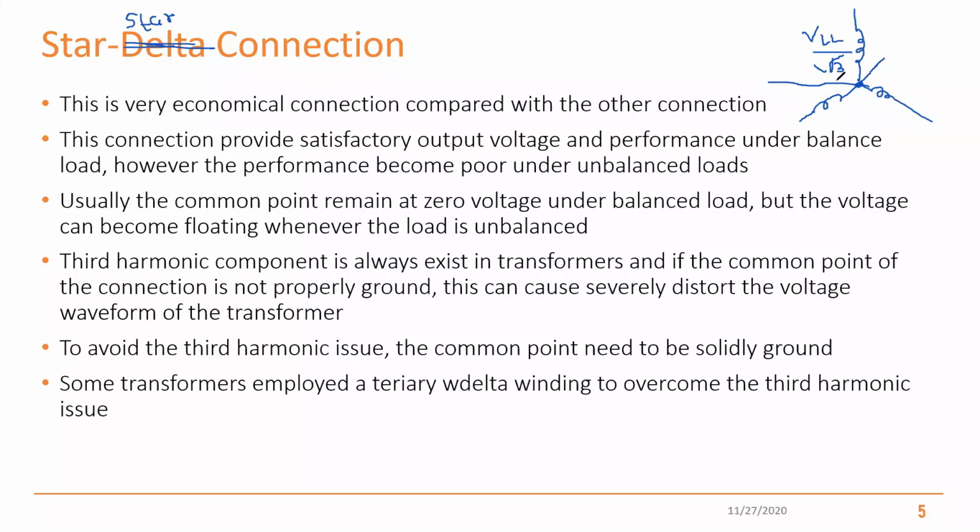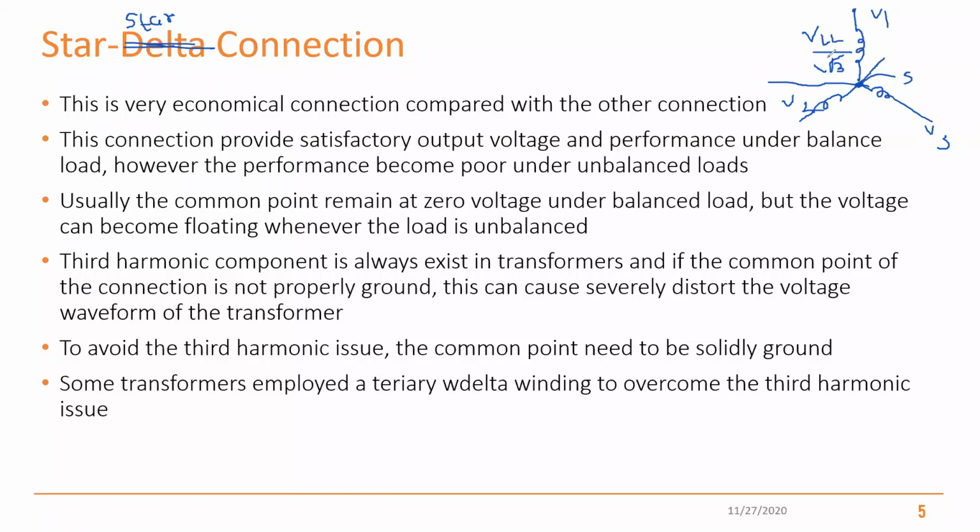However, if these conditions become unbalanced, then this point voltage, suppose this is the S point voltage, becomes floating. That means it depends on these voltages, suppose V1, V2, V3. So the voltage of this point depends on these other voltages.